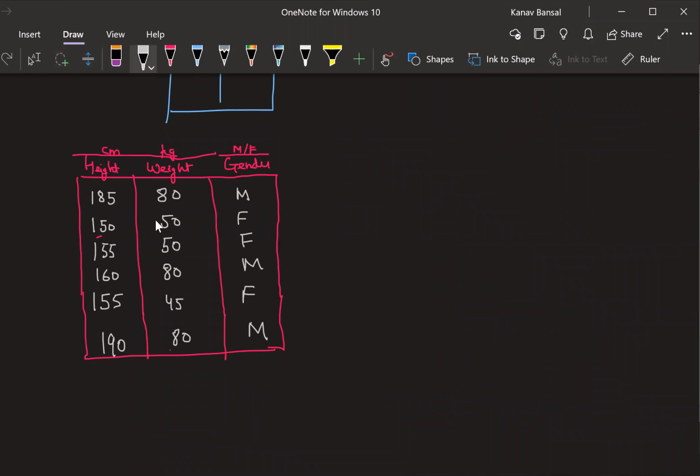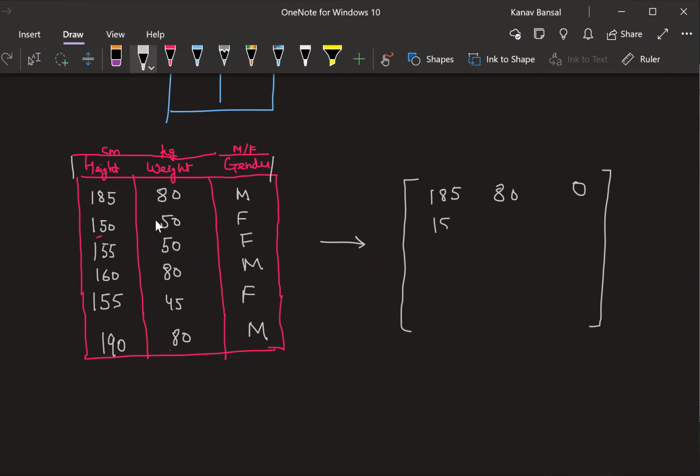Now, do you see that this is like a CSV file, like an Excel file that we have in our computer? In order to store this entire data inside the memory, it will get transformed into a matrix. This matrix is going to contain 185, 80, and let's say for male we have 0.